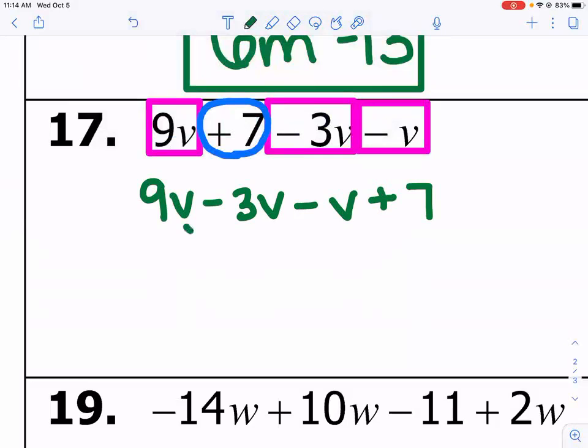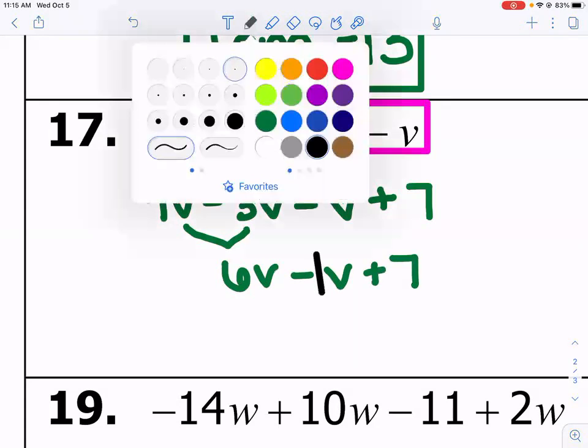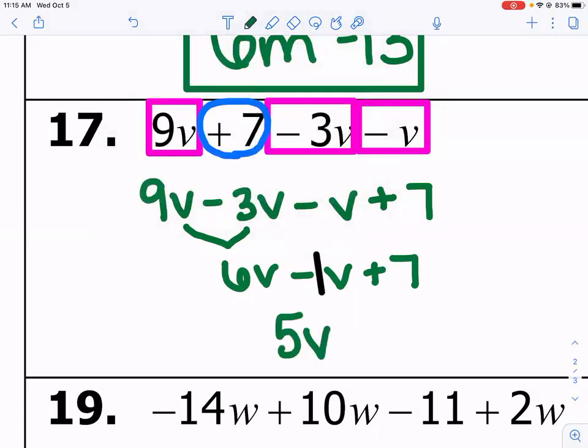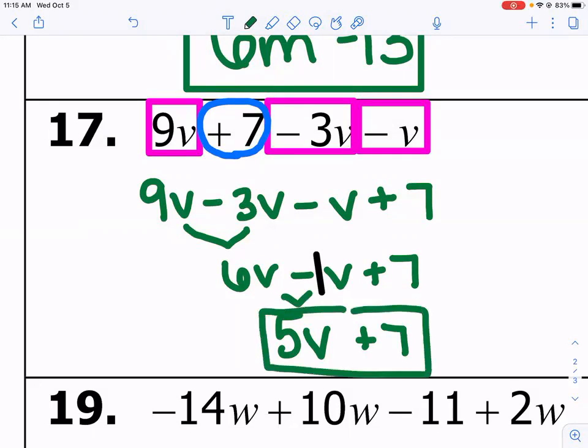Lauren, what's 9v minus 3v? Let's do one step at a time. So 6v minus v plus 7. Let's keep in mind what number is technically in front of v? There's a 1. So that's 6v minus 1v, which is 5v. And that's plus 7.